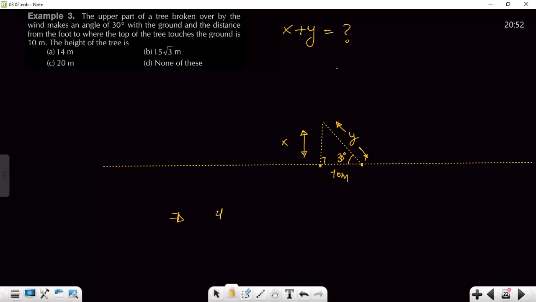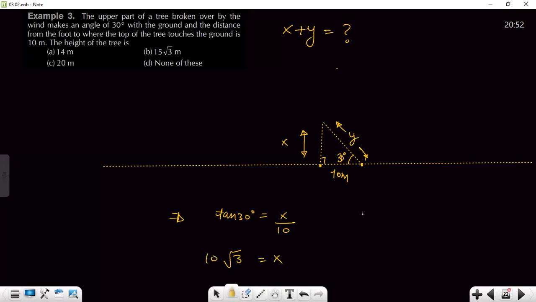So tan 30 degrees will be perpendicular upon base. Tan 30 is 1 by root 3. Ten into root 3 becomes x.